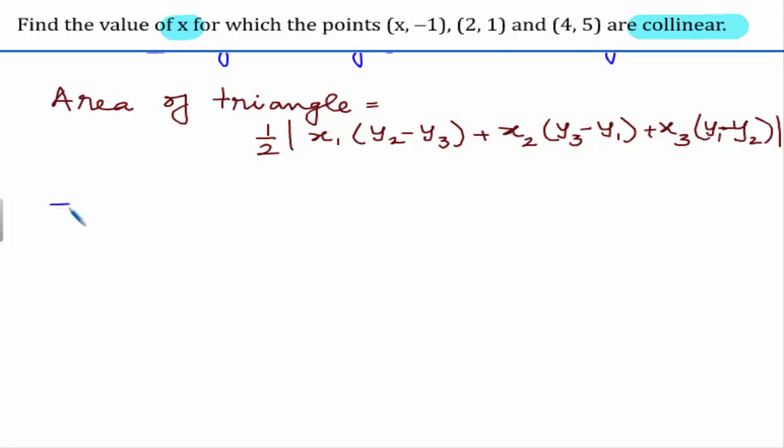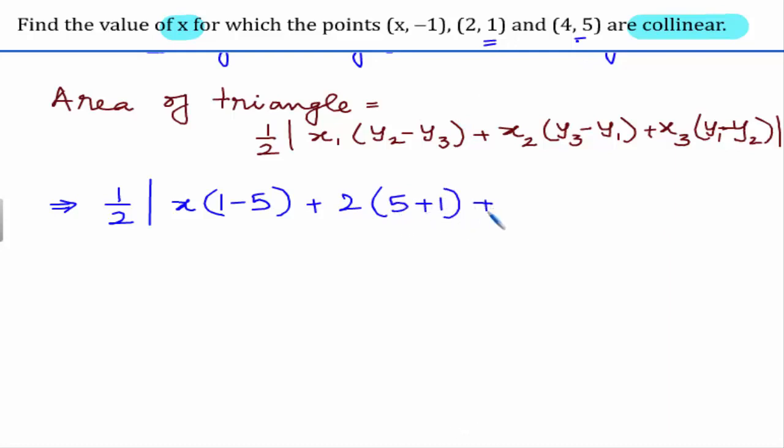Now let us substitute the values into this. Half into x1 is x into (y2 minus y3, that is 1 minus 5), plus x2 is 2 here into (y3 minus y1, that is 5 minus of minus 1), plus 4 into (minus 1 minus 1). This should be 0 because the 3 points are collinear.